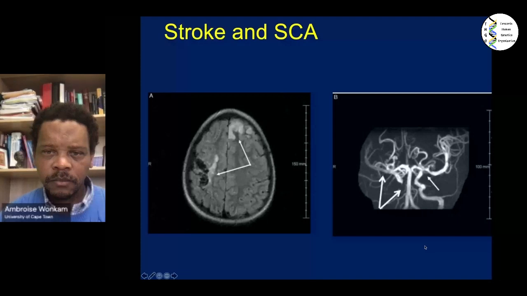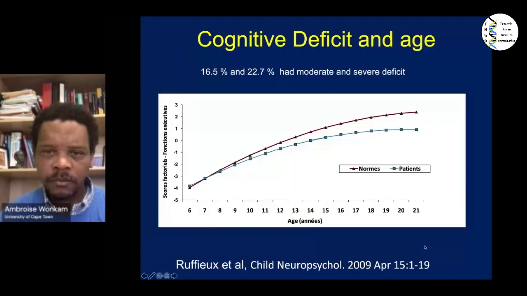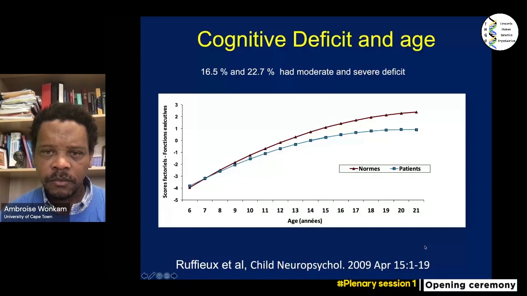These stroke events, unfortunately, jeopardize the progress of the child and their capacity to respond to executive function, as measured, for example, in Cameroon, through evaluation of cognitive deficit, which clearly becomes different between sickle cell disease patients and controls from year 10. That means that interventions for care and prevention should happen much earlier in the life of these children.